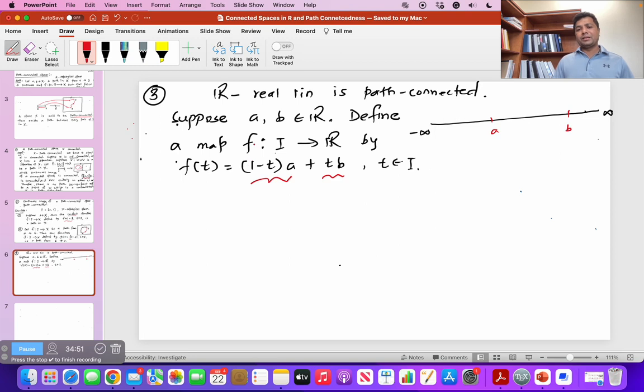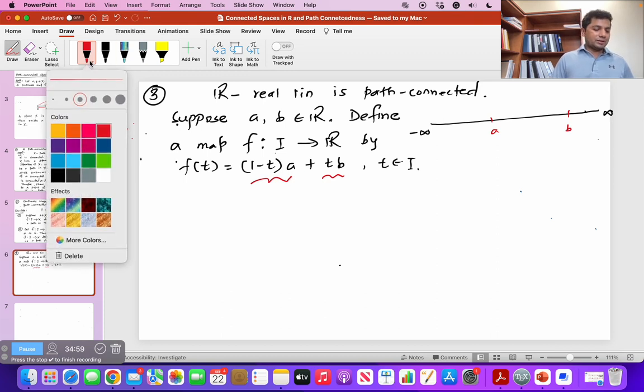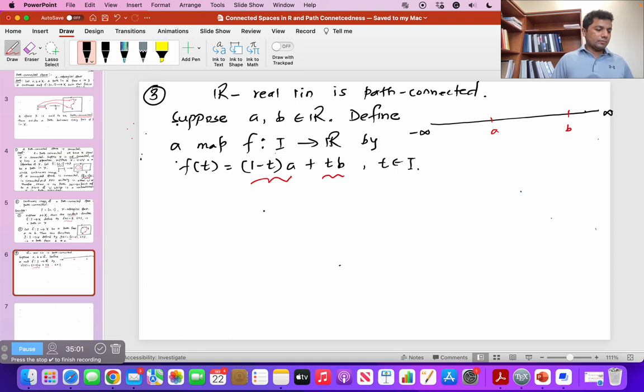If we define the function f using this relation, it is going to be continuous because it is a polynomial, and it also has to satisfy the second condition.